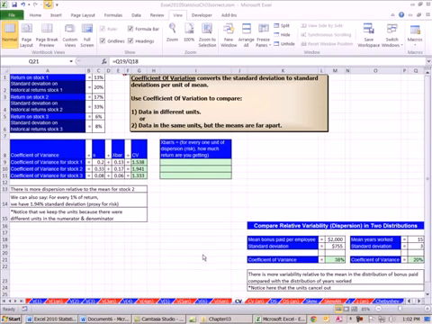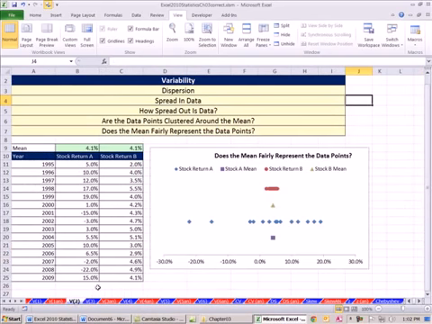Oh, actually, we have one more topic. I want to show you how to make that variability chart. I'm going to go over to the sheet, actually V2, and look at this chart. Now, we're going to create the chart on V3, but let's think about how in the world we do this. Here's all of the data points for stock A, and here's the mean.